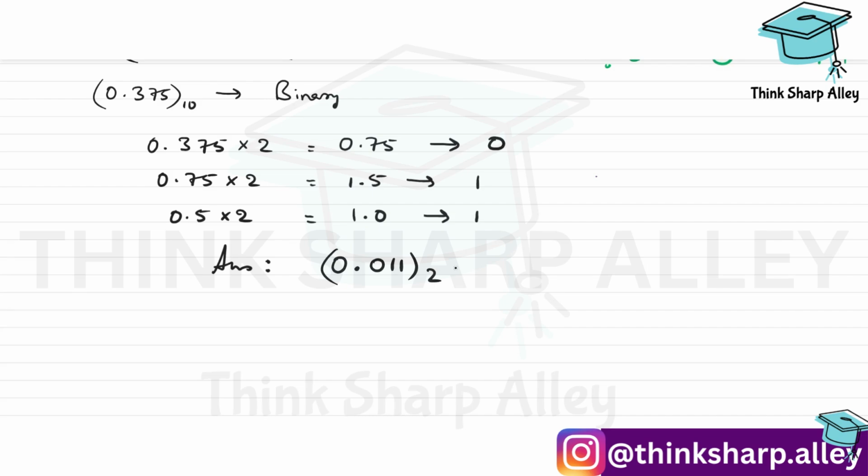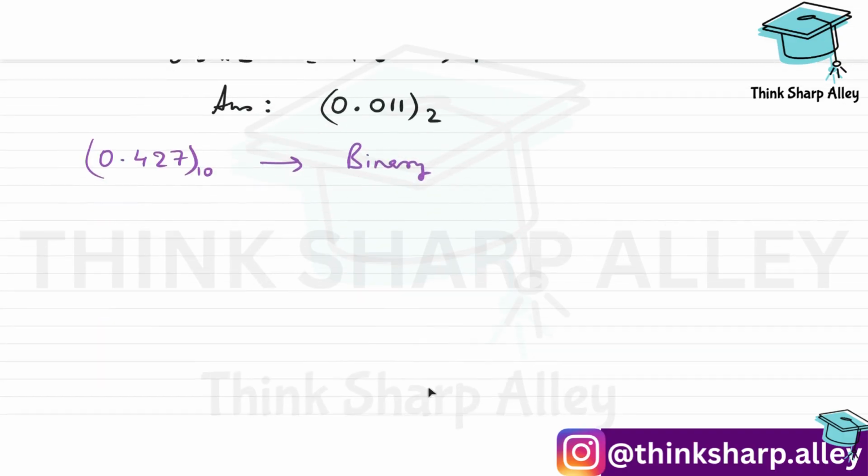Now here's something interesting. Some decimal fractions do not terminate when converted into binary, so they result in repeated binary fractions. We will see one such example. Let us say we want to convert 0.427 into binary. Once again we will do the same steps.